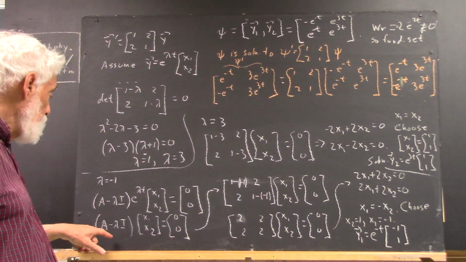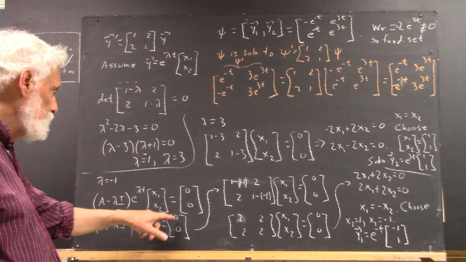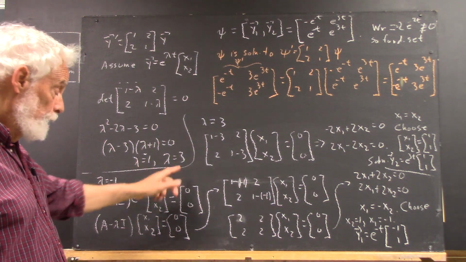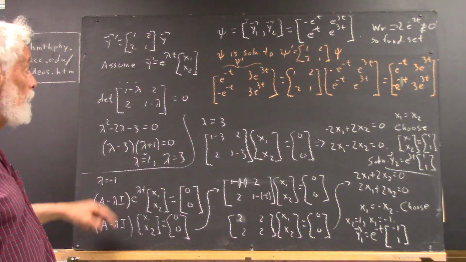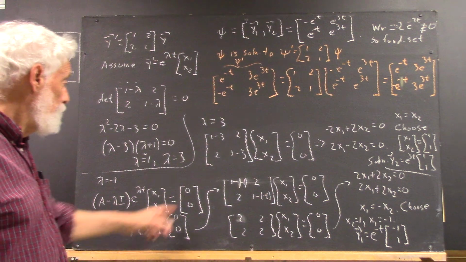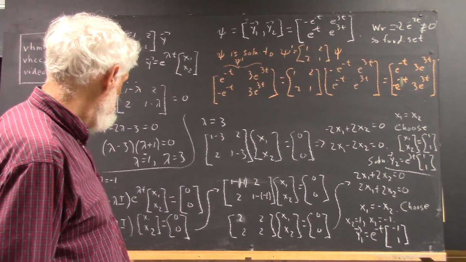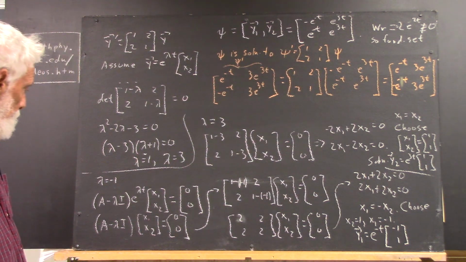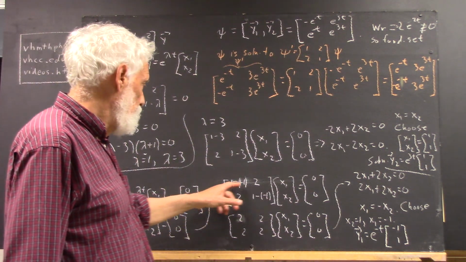Okay, so now we have A minus lambda I times x1, x2 equals 0, 0. So far, this applies to either eigenvalue, but we're calculating for lambda equals -1. And that gives us the A minus lambda I matrix, which becomes this.